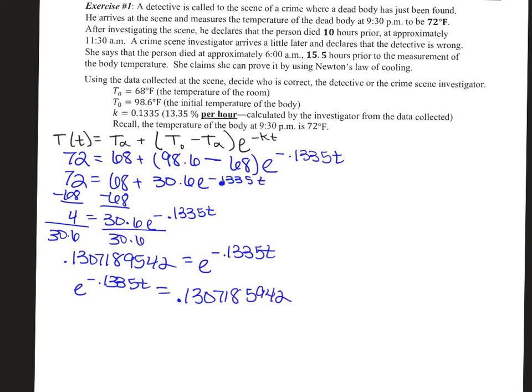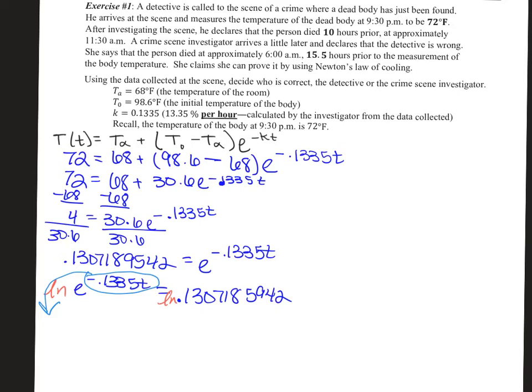Okay, I have E. I'm going to use my natural log here. I must do it to both sides because it's easier to take the natural log of E, which is 1. Now I'm going to take my exponent and put it down in front, but I'm going to bring this all up to the top, or to the right side really, just so it's not all squished in there.